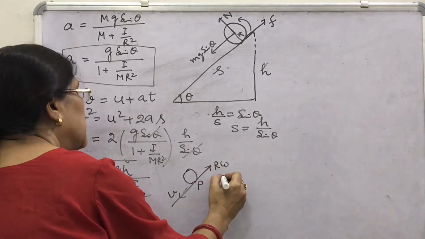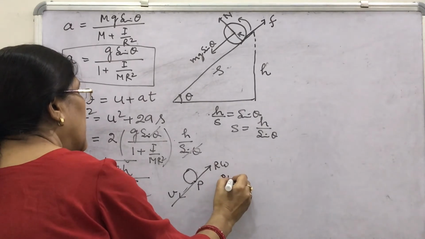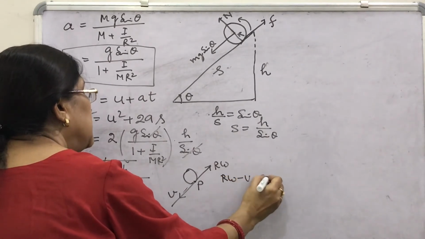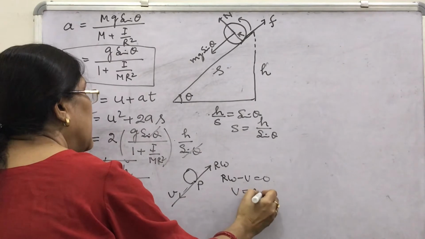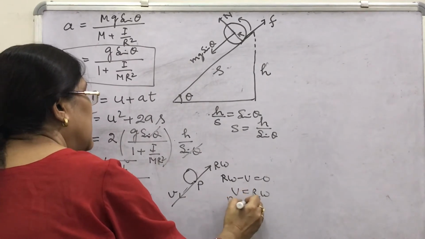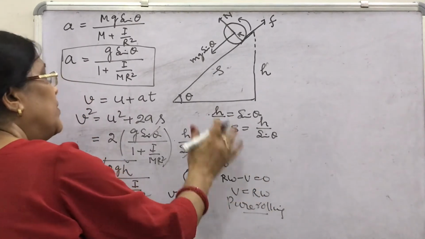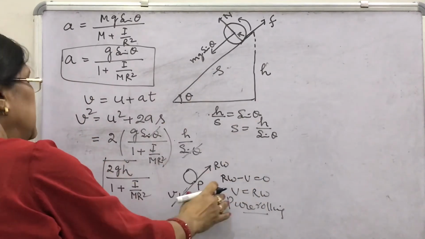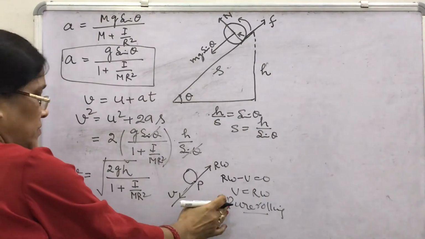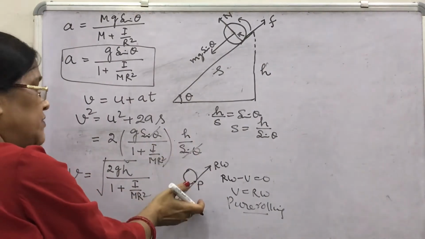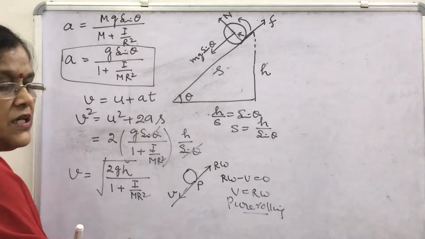So for this lowermost point, r omega minus v should be 0, that is v equal to r omega. That condition of pure rolling is fulfilled. So we have discussed that for pure rolling, what is the condition for velocity, expression for velocity and acceleration.